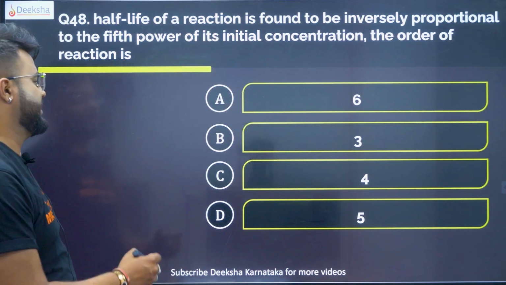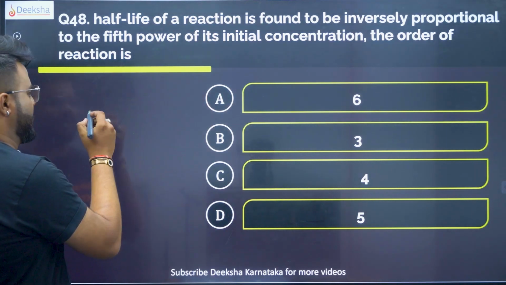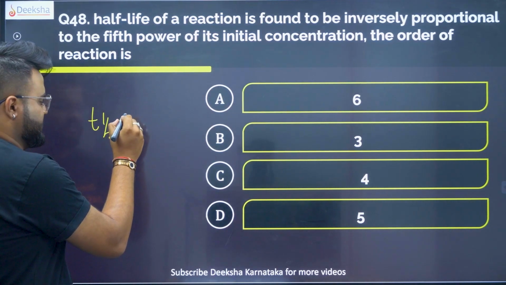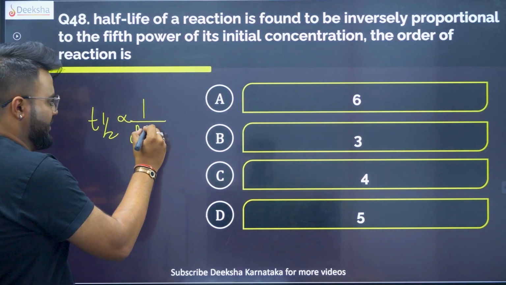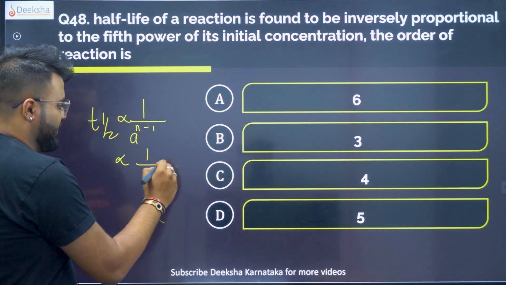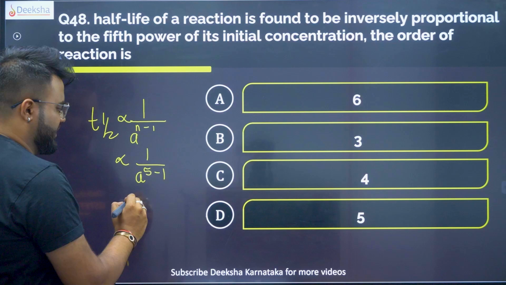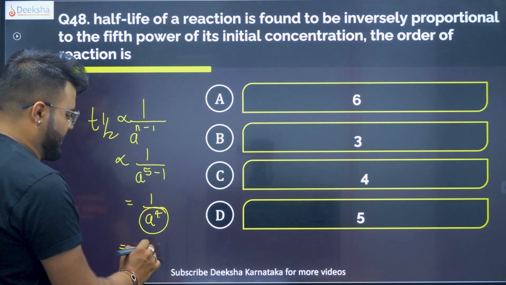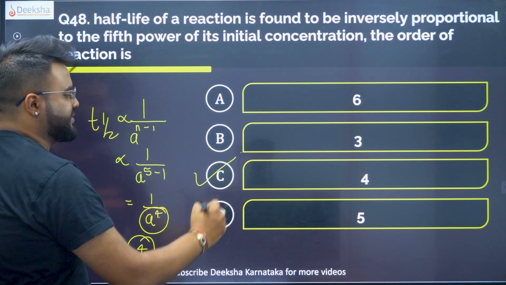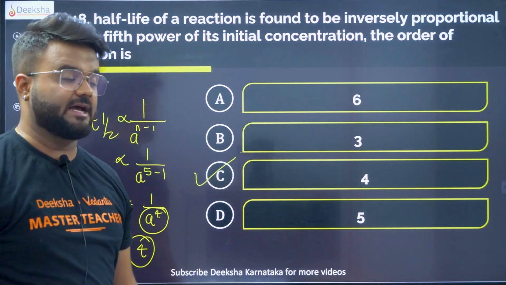Then the order of the reaction will be simple. Look at this. T half is inversely proportional to a to the power of n minus 1. Therefore, n minus 1 is 5, it will be a to the power of 4. Therefore, the order of the reaction will be 4. Therefore, option C will be your correct answer.